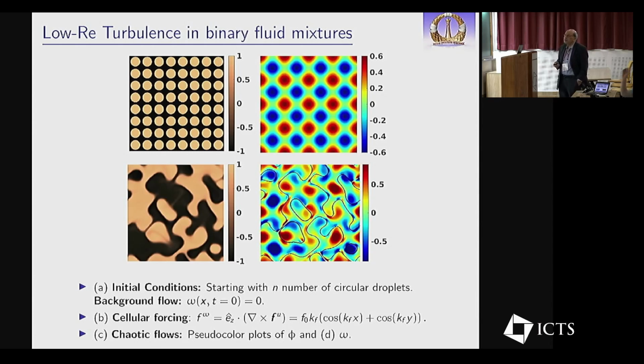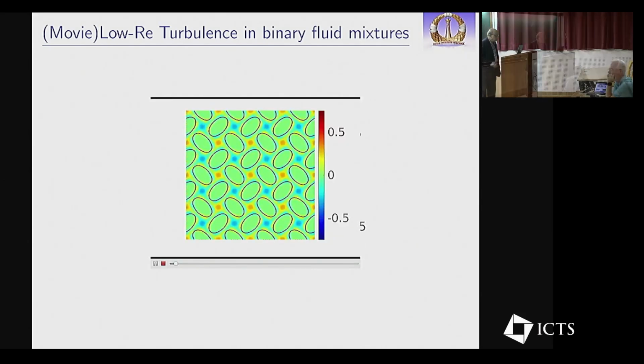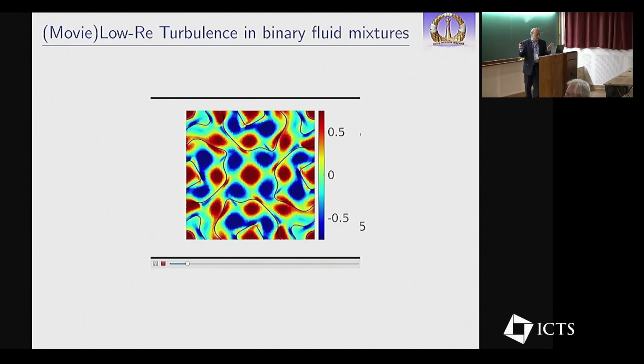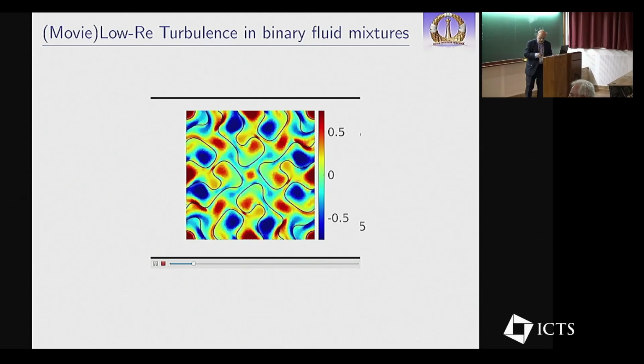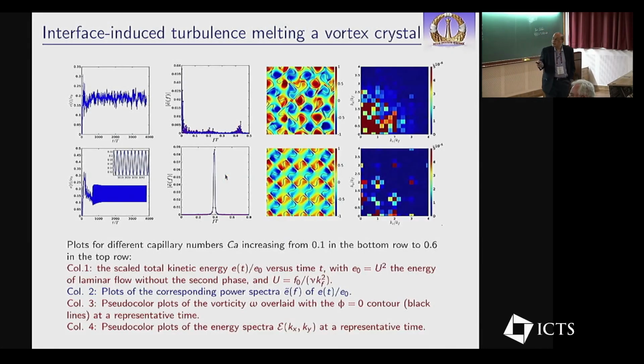As you decrease the surface tension, there are significant interfacial fluctuations, and this vortex crystal melts. The Reynolds number is relatively low, but the melting occurs because of interfacial fluctuations. So this is yet another example of low Reynolds number turbulence.